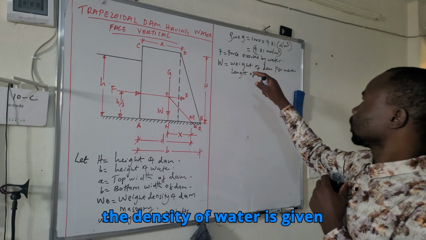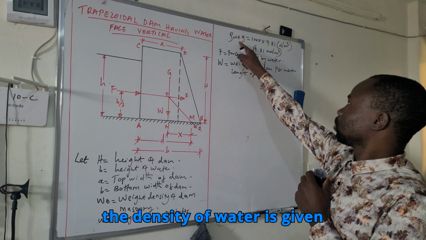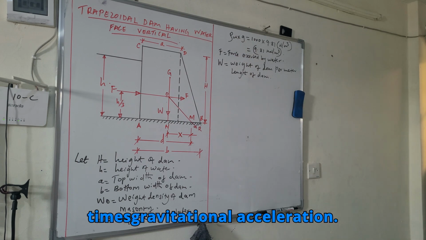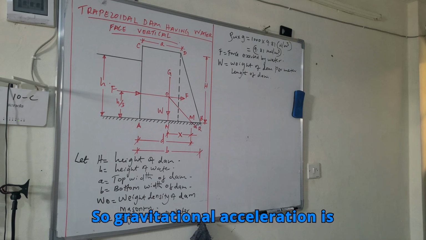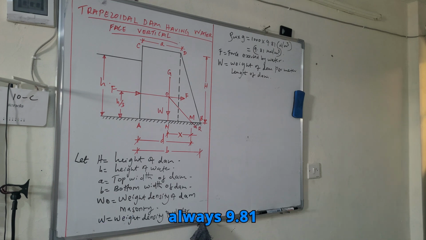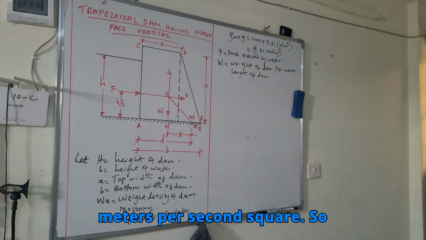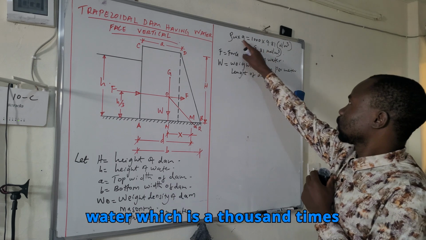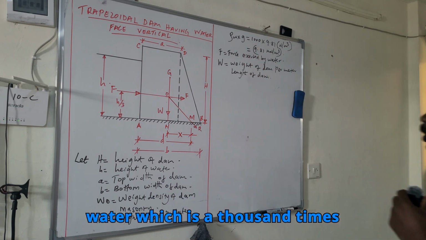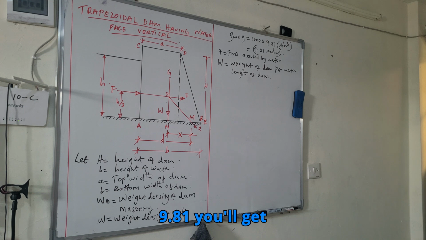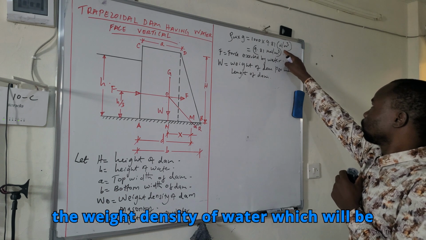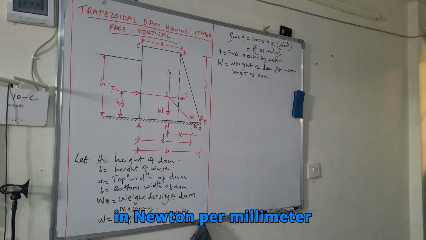The weight density of water is given by density of water times gravitational acceleration. Gravitational acceleration is always 9.81 meters per second squared. So if you multiply the density of water, which is 1,000, times 9.81, you will get the weight density of water in Newton per meter cubed.